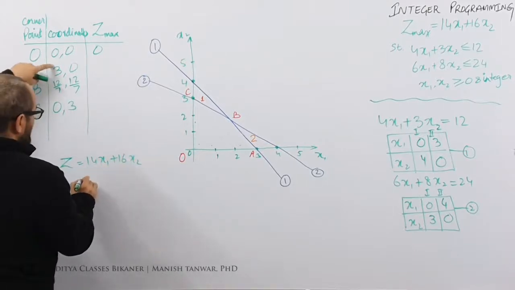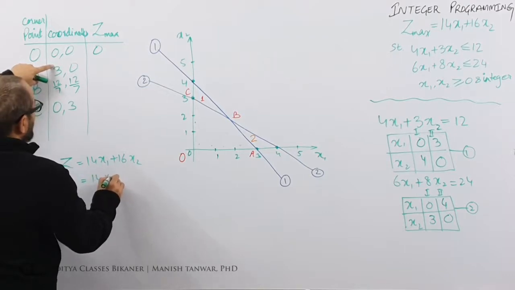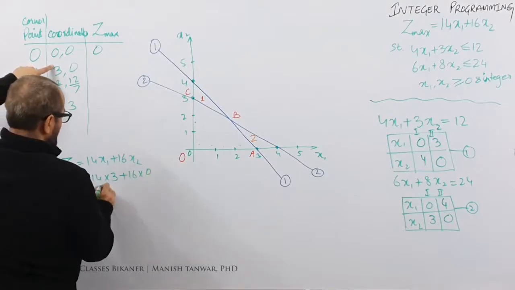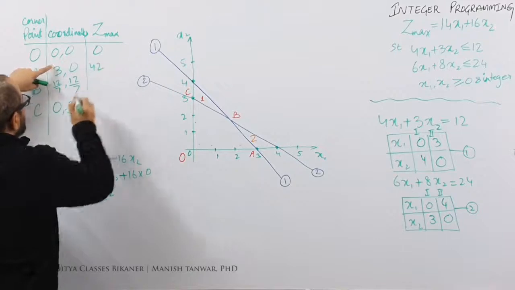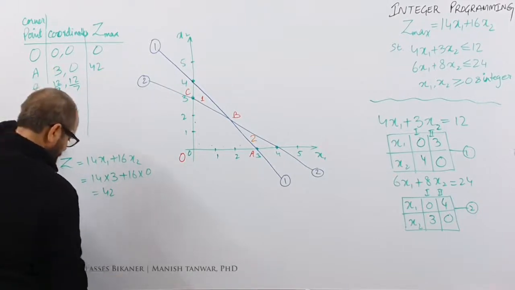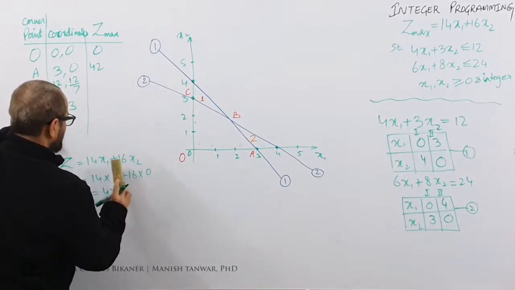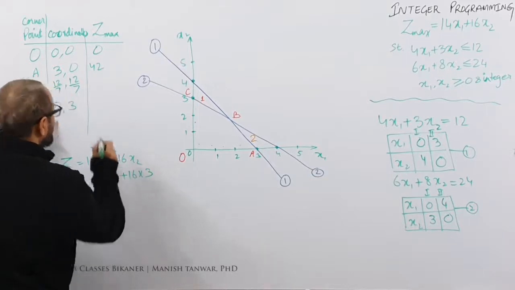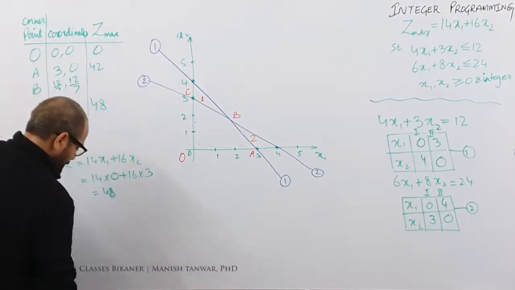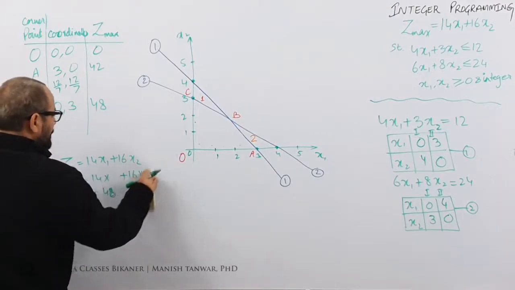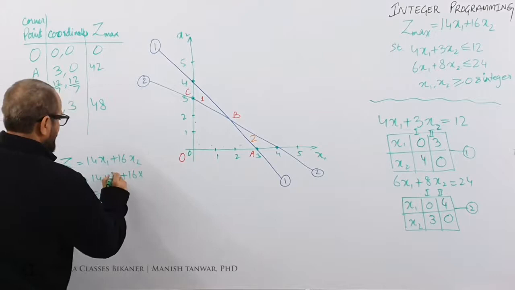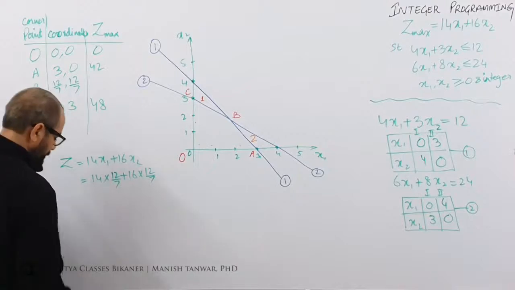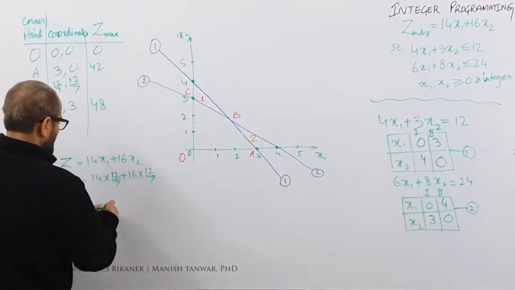For this point, it will become 14 times 3 plus 16 into 0, making it 14 3s are 42. This one would become 14 times 0 plus 16 times 3, making it 48. And then this last one would give me 12 by 7 and another 12 by 7.